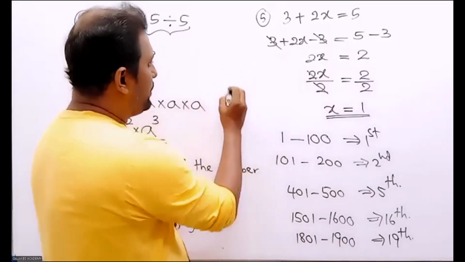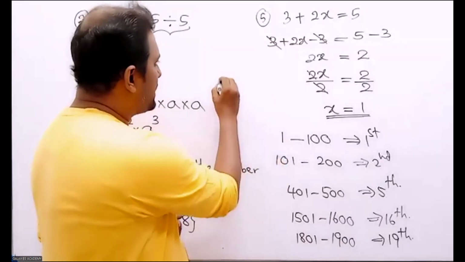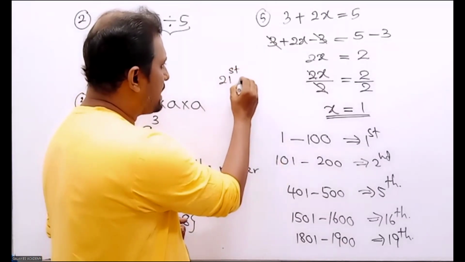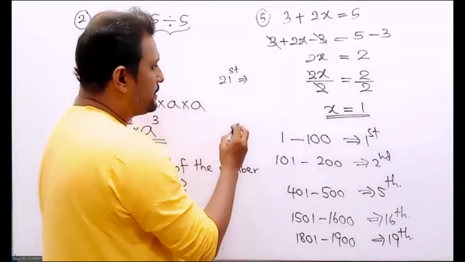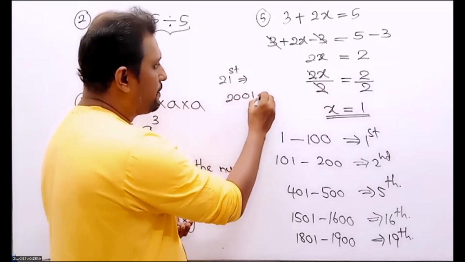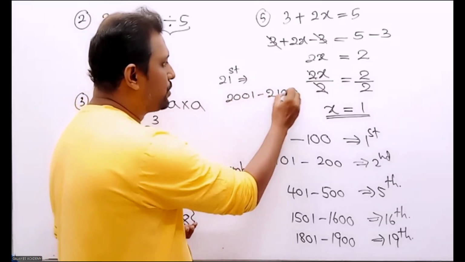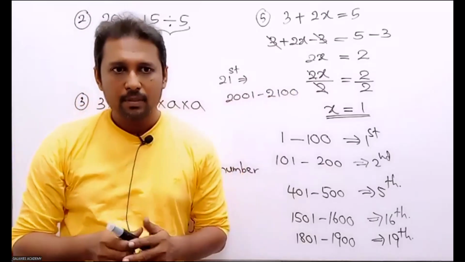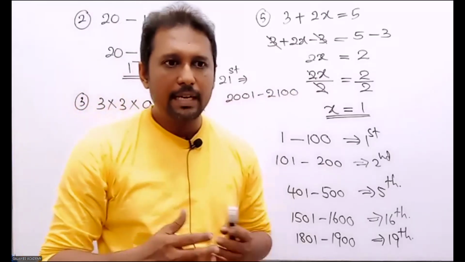Then think of another century, the 21st century. 21st century starts with 2001 and ends with 2100. It is the method of getting it.